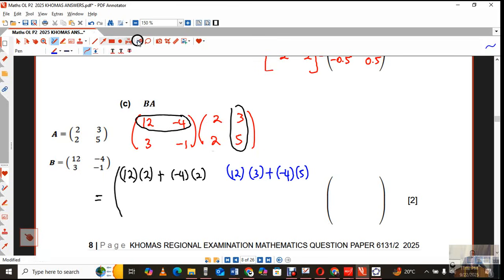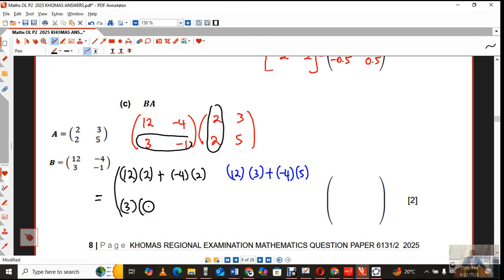So we are now going to do exactly the same thing. We are going to take the second row and multiply it with the first column. That is going to be 3 times 2 plus negative 1 times 2.